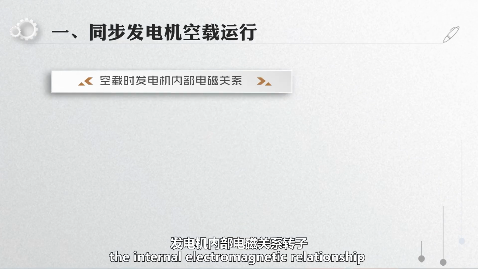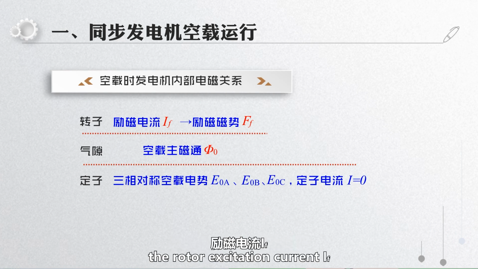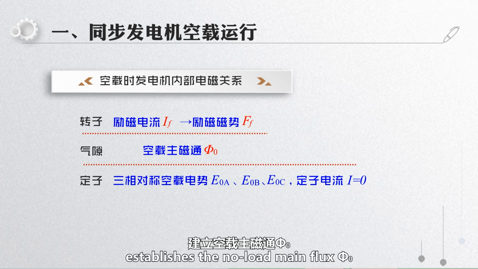When no load, the internal electromagnetic relationship of the generator is such that the rotor excitation current IF establishes the excitation magnetomotive force FF, which establishes the no-load main flux phi0.